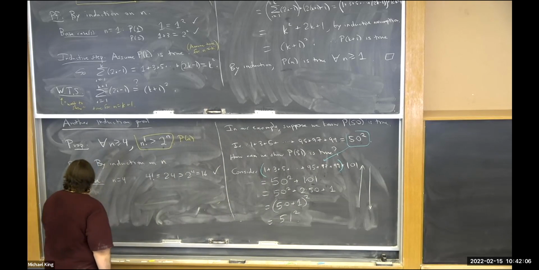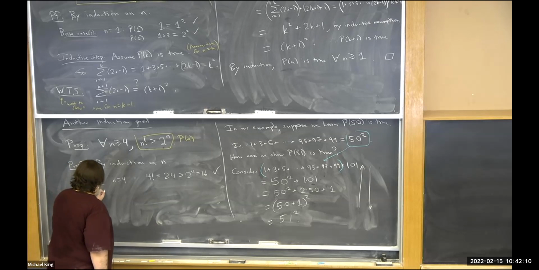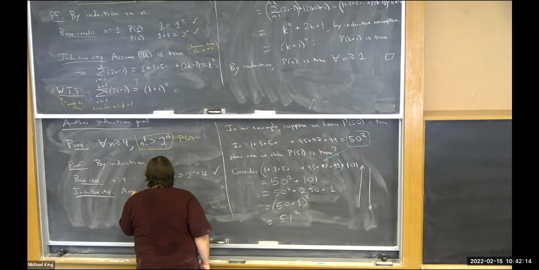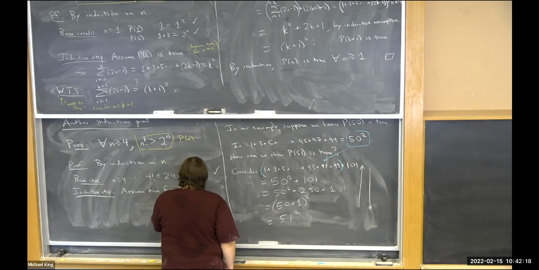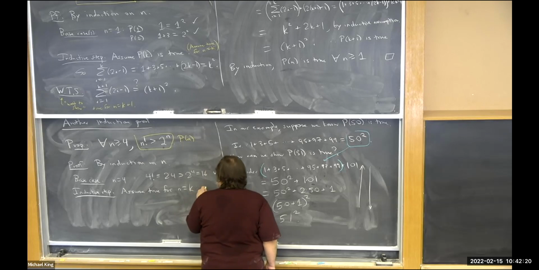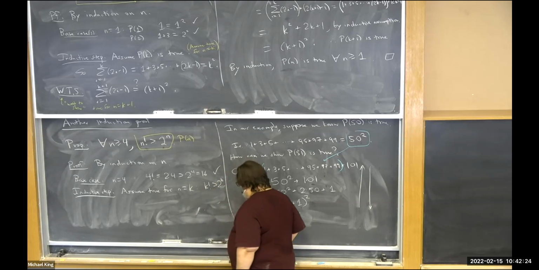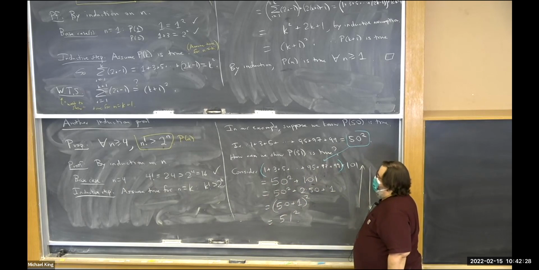Now, inductive step. Assume it's true for n equals k, i.e. that k factorial is greater than 2 to the k. So this is our going from one rung to the next.